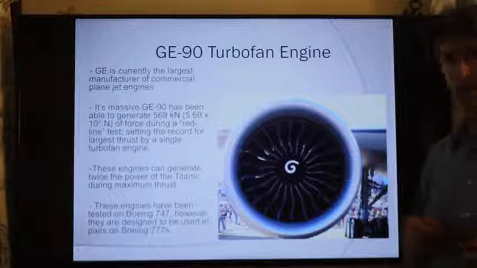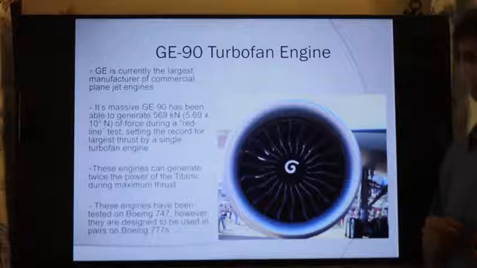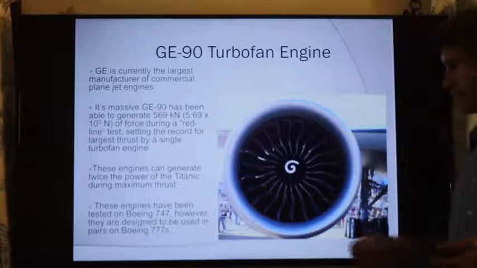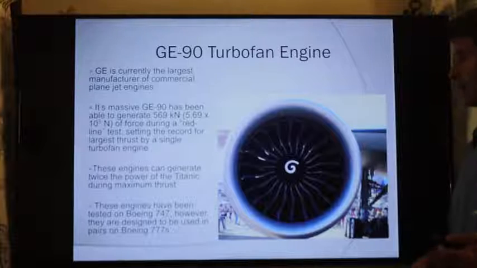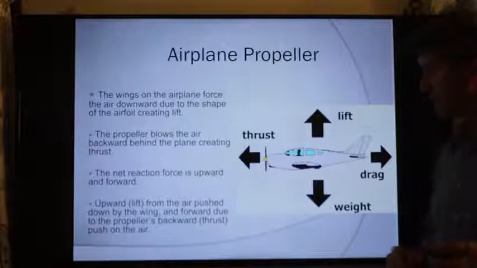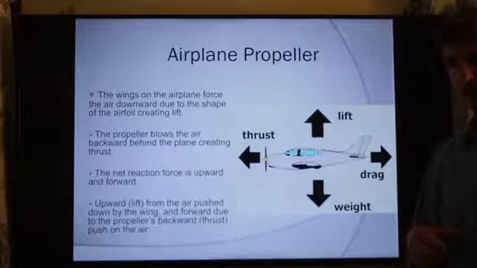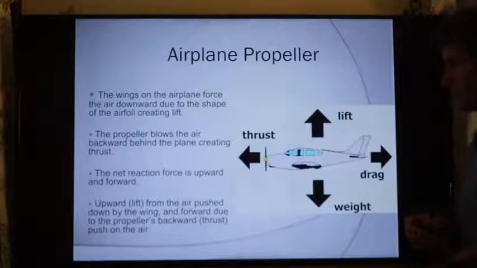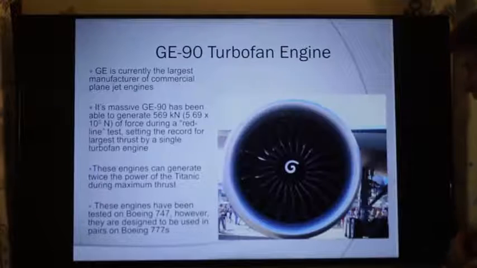Now, turbofan engines are very efficient for what they do because they're able to pull on the air and push the air behind them. You also get quite a bit of efficiency from a prop airplane because, again, you're actually grabbing onto something and pushing off of that, pushing off the atmosphere.